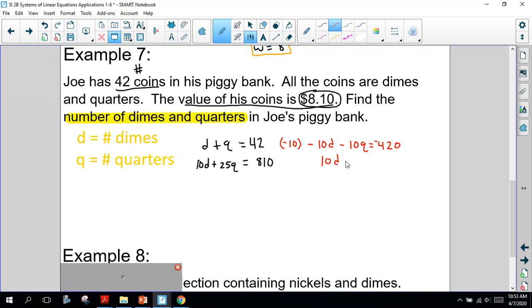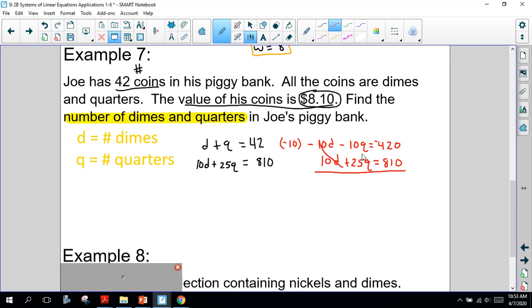So 10D plus 25Q is equal to 810. Now, as we go through and solve this, we're going to eliminate the D's. The negative 10D and the positive 10D eliminate, and that gives me nothing with the D's.